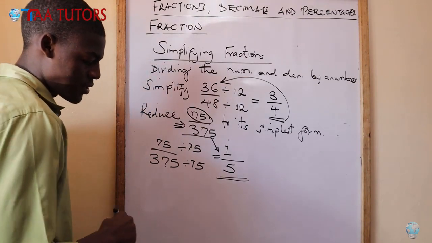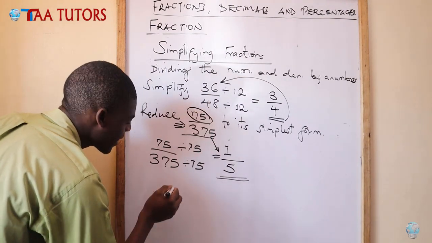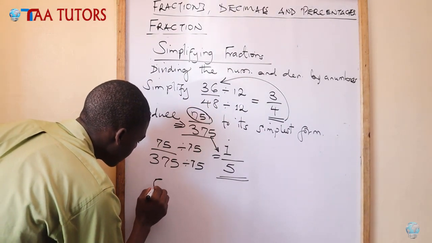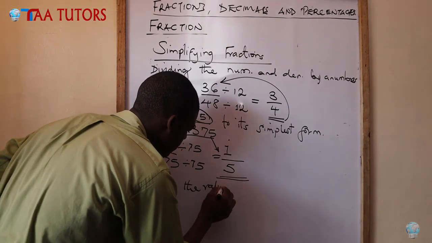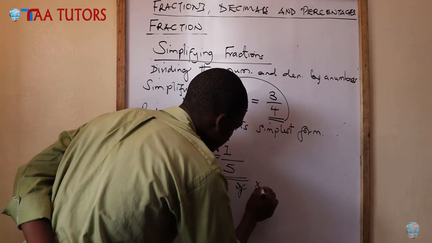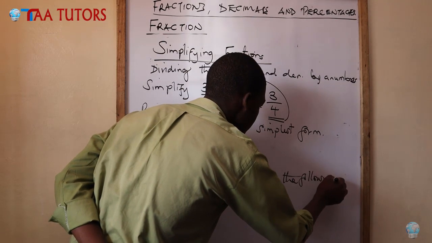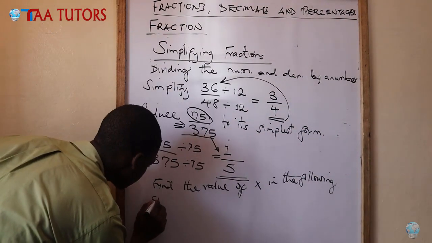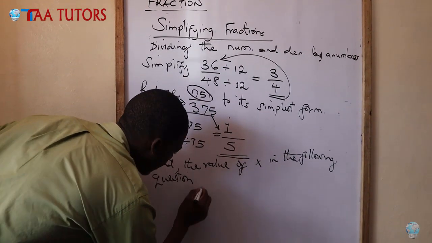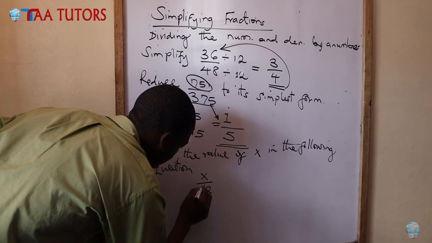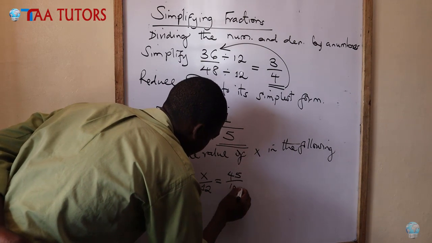In other cases, you can be given this: find the value of x in the following question. You are given x over 12 to be equal to 45 over 108.